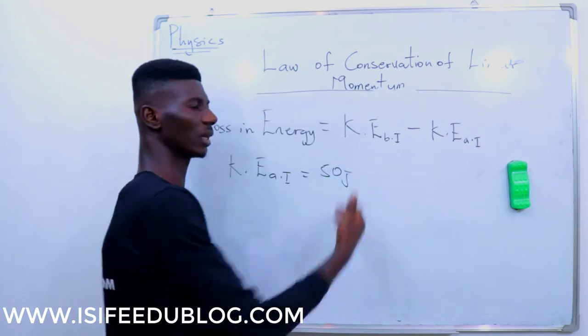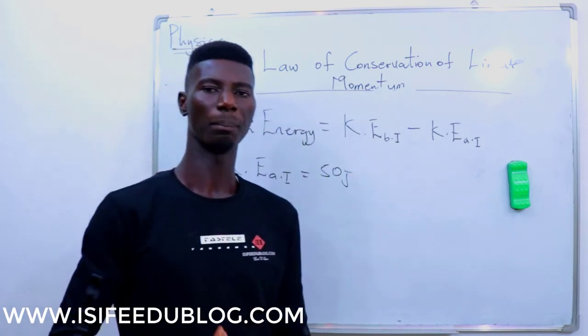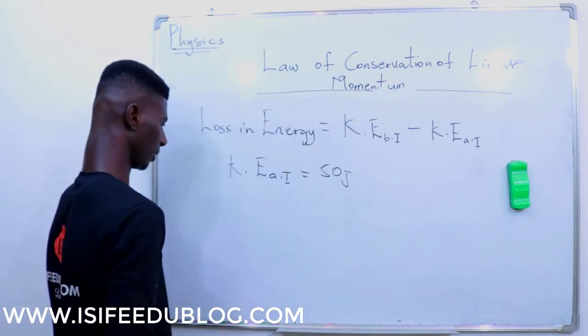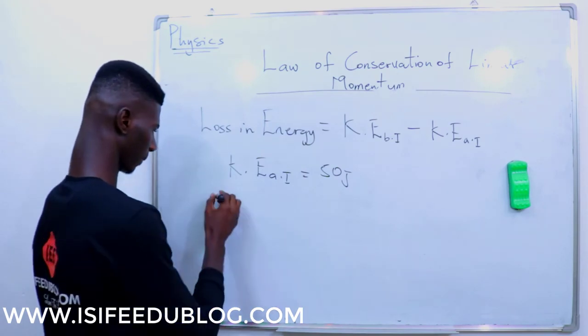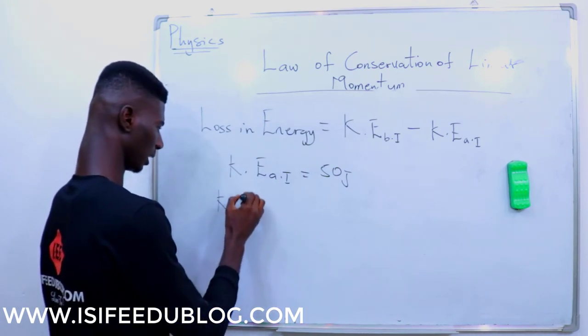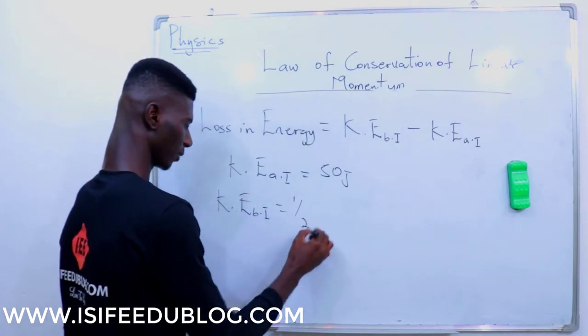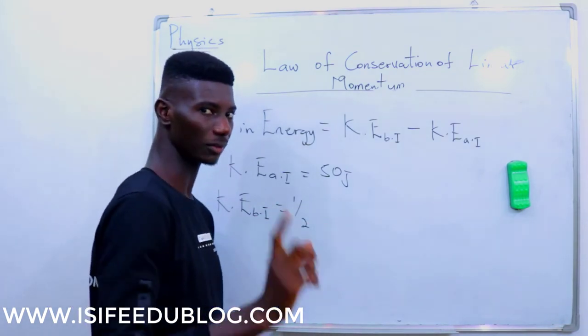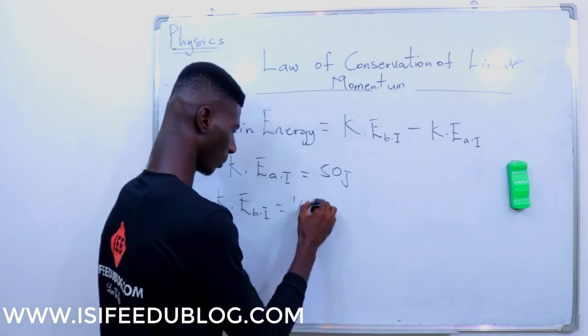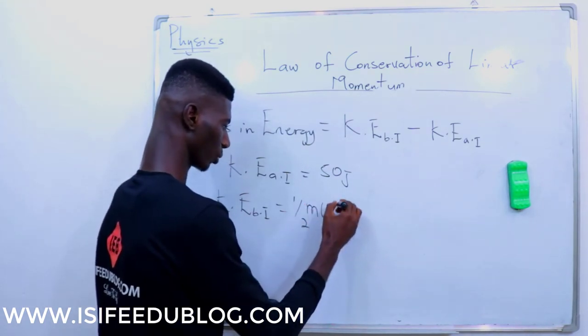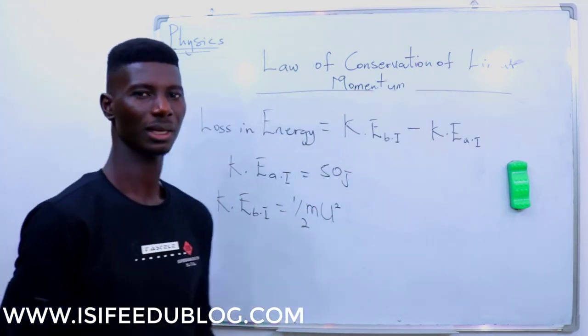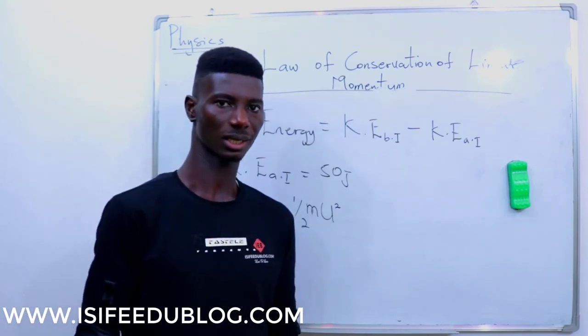Now let's calculate the kinetic energy before the impact. Remember, before the impact, and that is half the mass of the bullet only, that is small m, times u squared. Be very, very careful. Always understand your question.